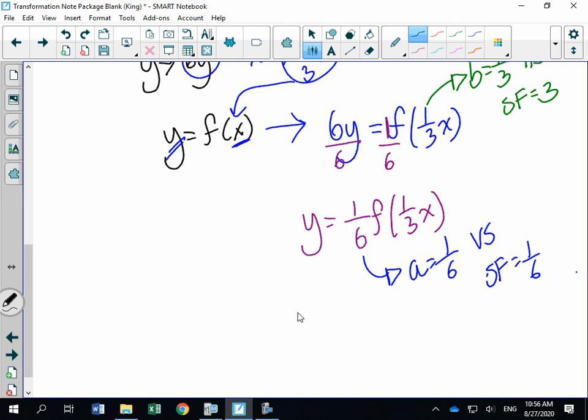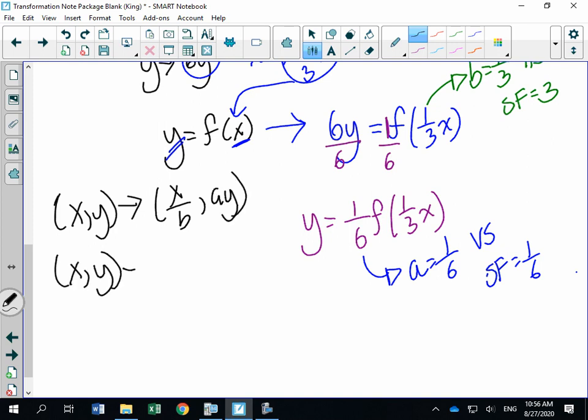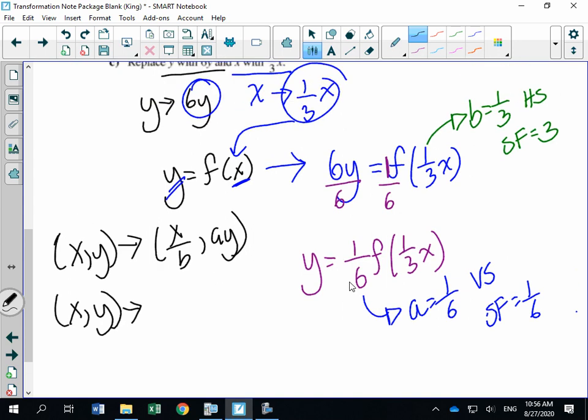This one here, it's xy to x over b, a times y. So it would be xy mapped. Okay, so x over b, what was my b value? My b value was 1/3. So I could say x over 1/3. And then what's my a value? The a value is 1/6, so 1/6 times y.